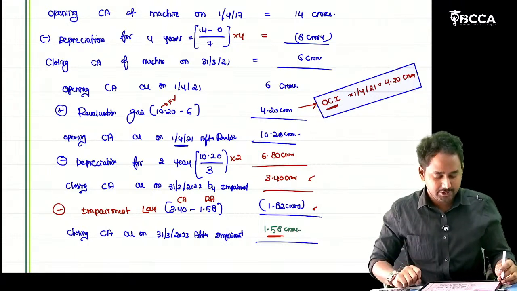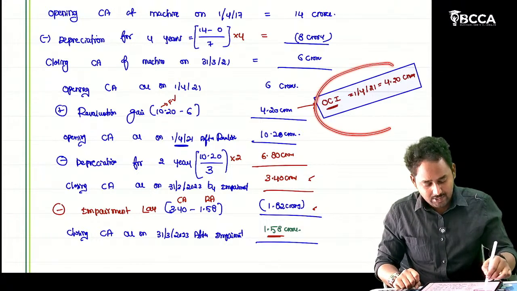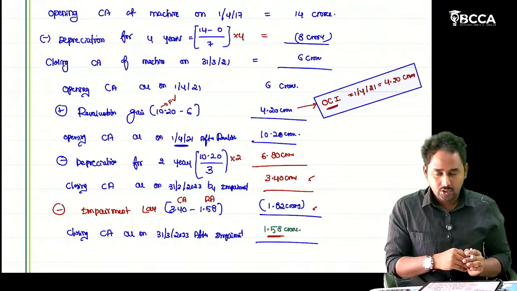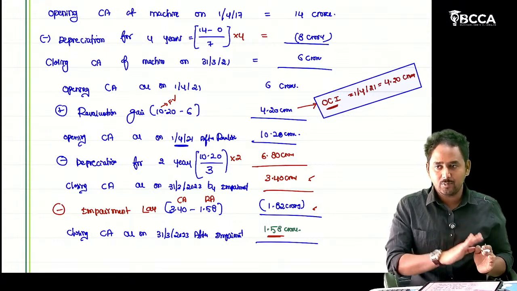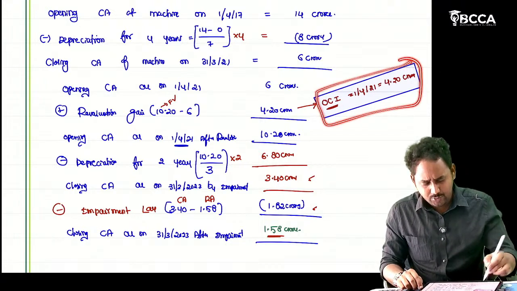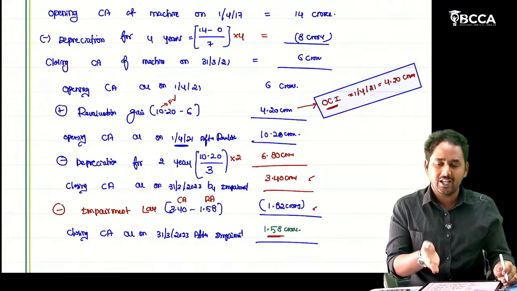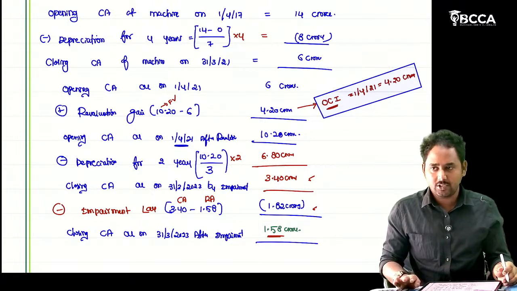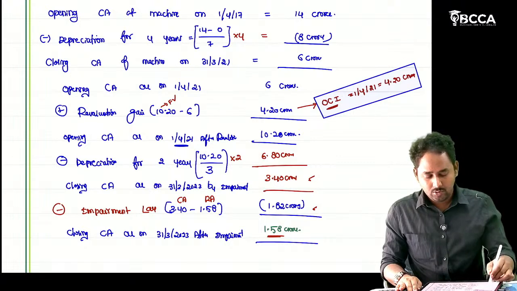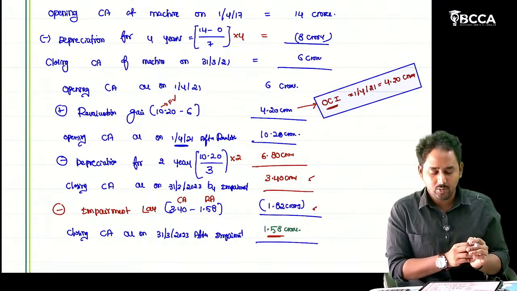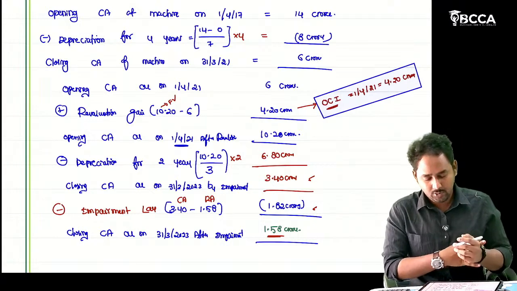The first option is the entire OCI balance should be transferred to P&L at the end of the useful life or at the time of disposal of the asset. Second option, this OCI balance should be transferred to P&L every year in the ratio of the depreciation. So the OCI balance every year should be transferred to P&L over a period of time. So that is option 2.